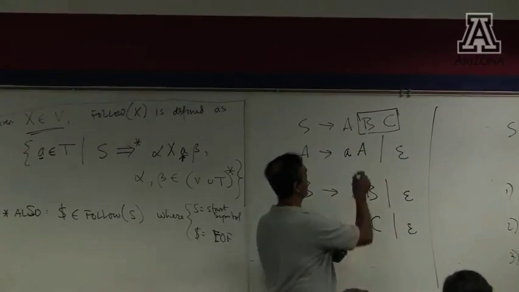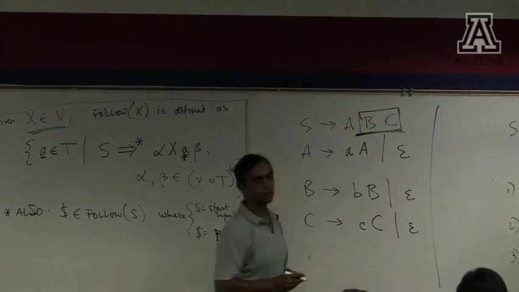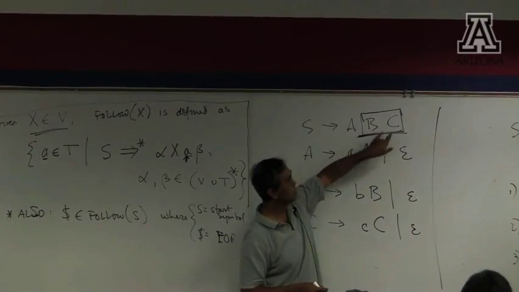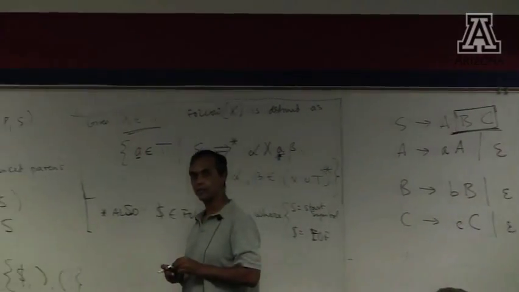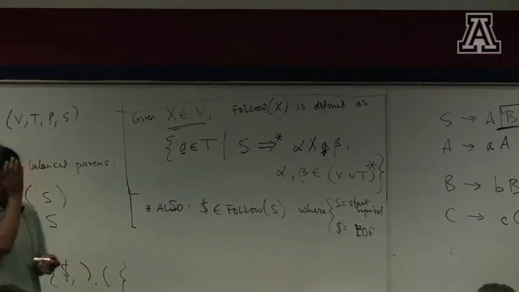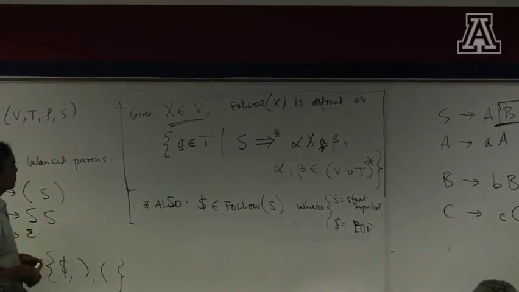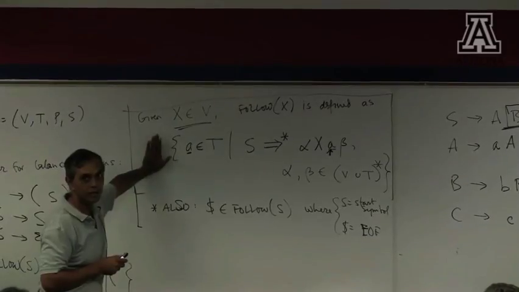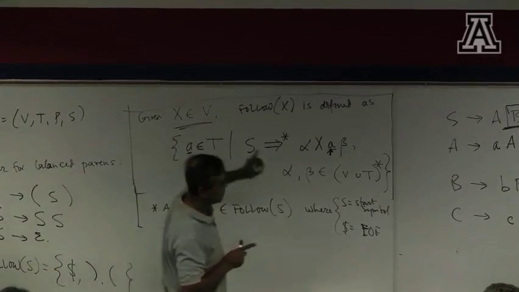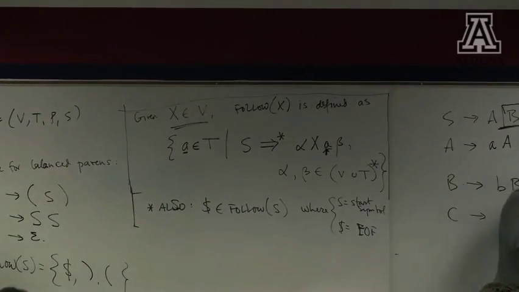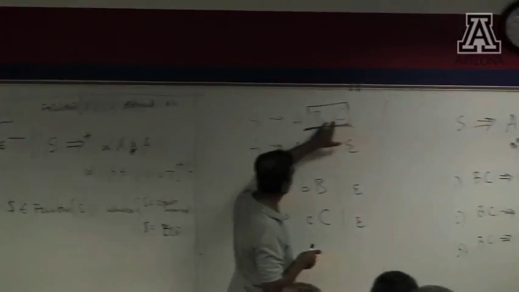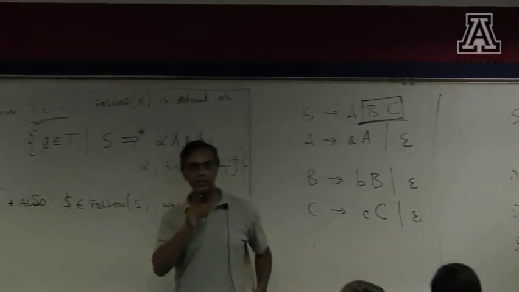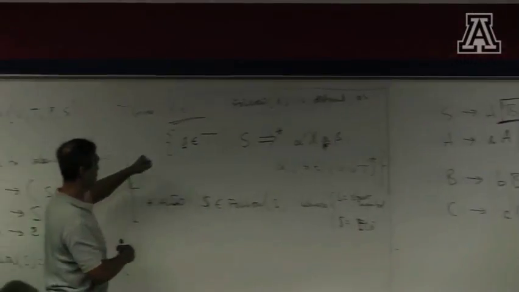Take everything to the right of the variable I'm looking at and ask, what tokens could this sequence derive? So before I can figure out how to solve the follow sets, I first need to compute what tokens could show up at the beginning of anything these guys could derive. Once I've done that, then I can bring that out and apply it here.